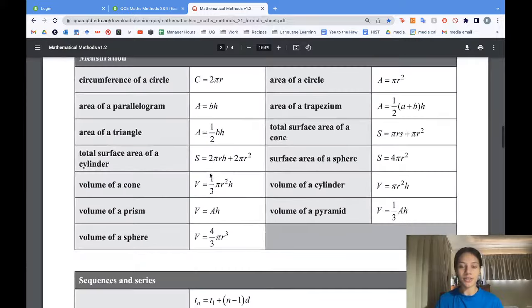So, using surface area, the idea with optimization is that you want to end up with a formula where you have one x value and one y value. For example, with the volume of a cone, you have the radius and also the height in there, but you only want to have one variable. So you have to find a different formula that can be substituted in, so that everything is expressed in terms of radius, or everything is expressed in terms of height. So that's something to look out for there.